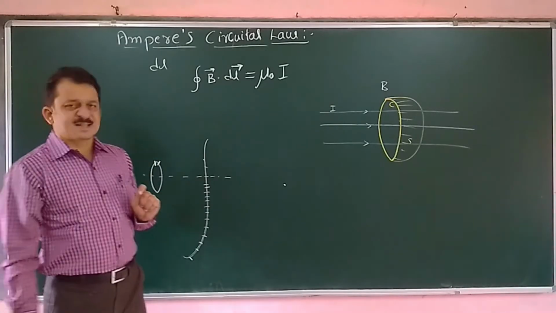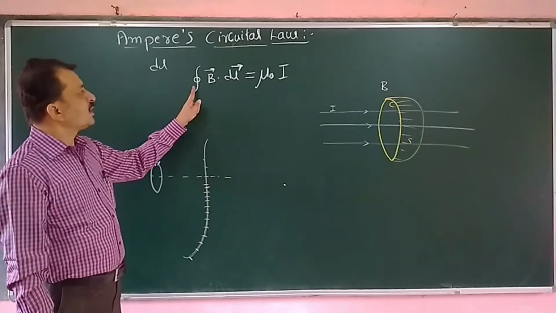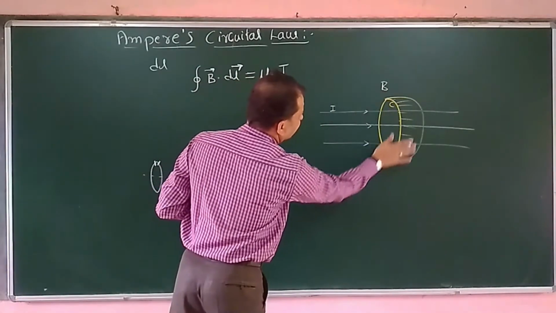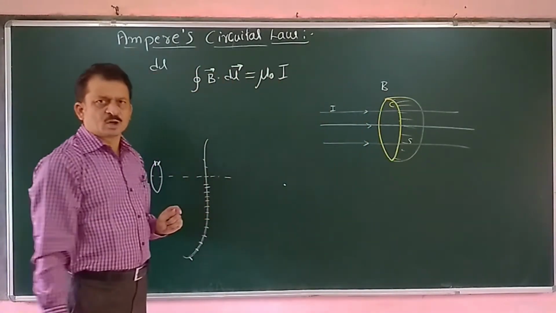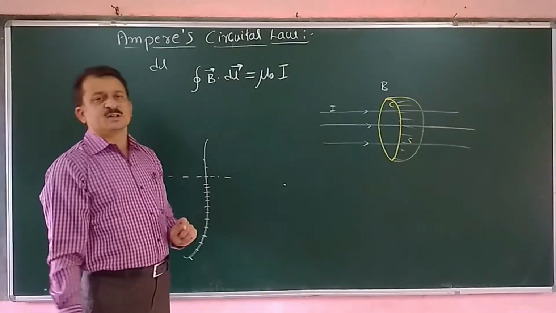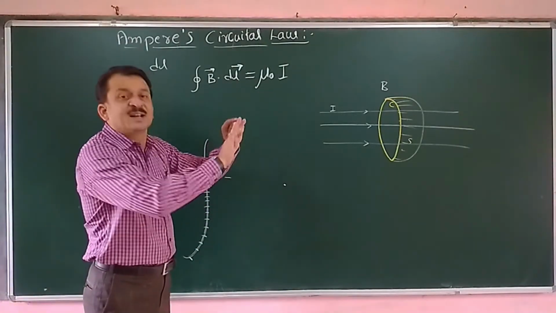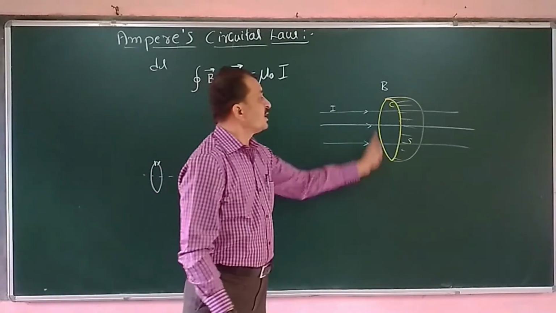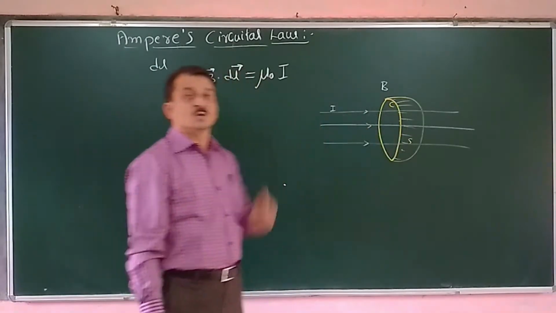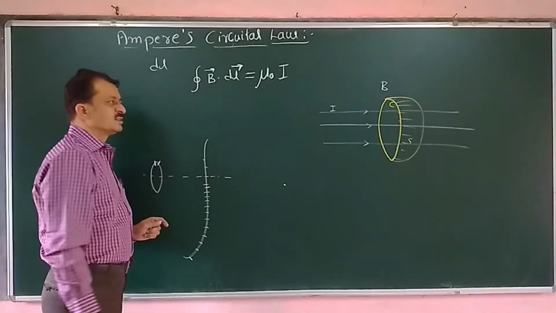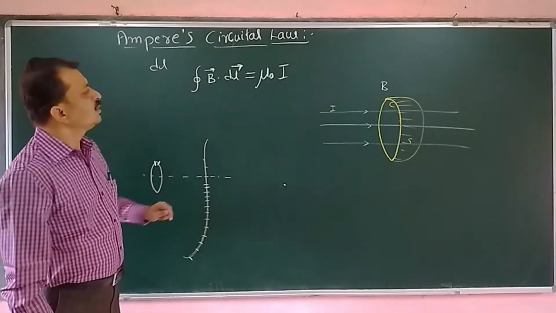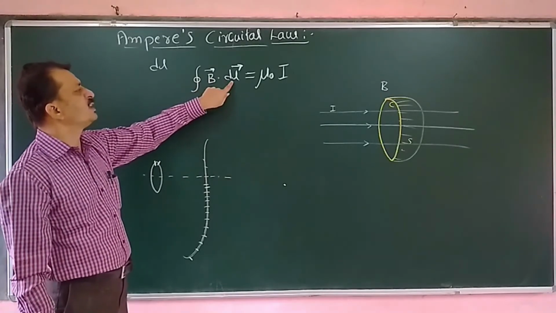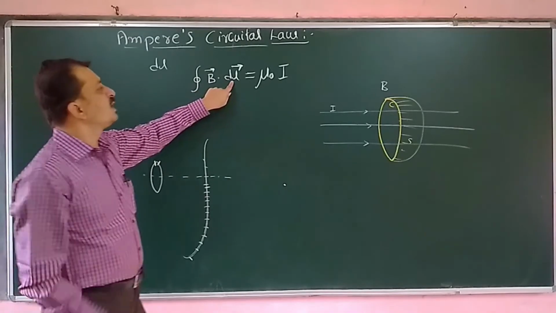So Ampere's circuital law says that the line integral of B dot dl over a closed path is equal to mu naught times the total or net current enclosed by that closed surface. Mathematically we can write it like this. B is the magnetic field and dl is the length of the current element.